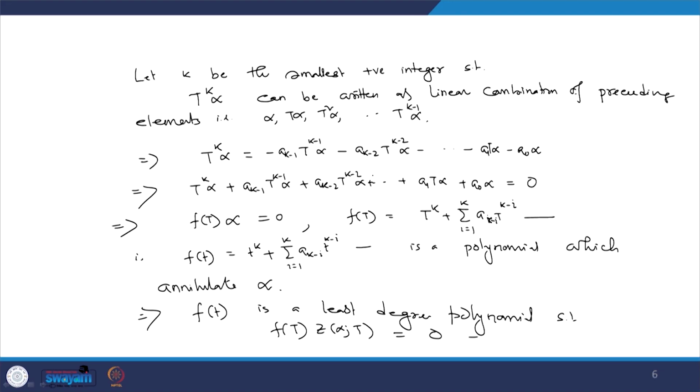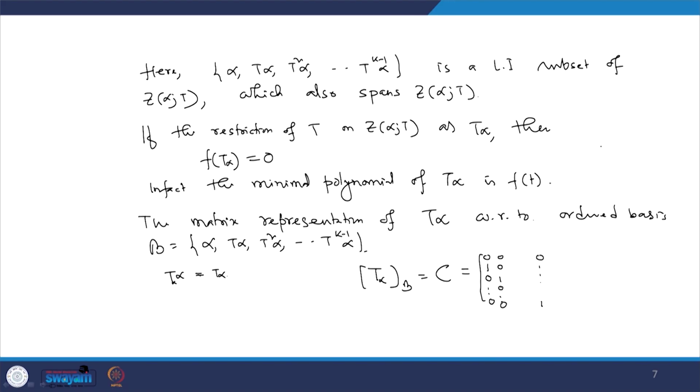If you see these expressions and take the coefficients, then I am getting minus a naught, minus a 1, and it will be minus a k minus 1. So, the matrix representation of t alpha with respect to ordered basis B equals C.